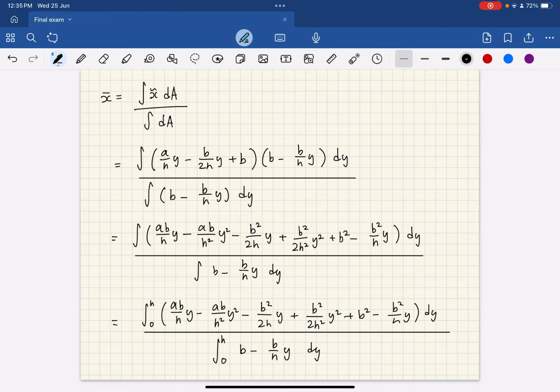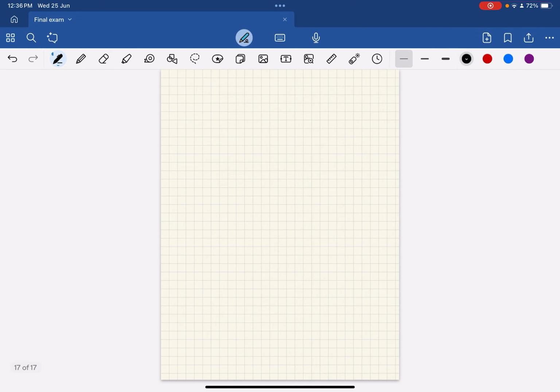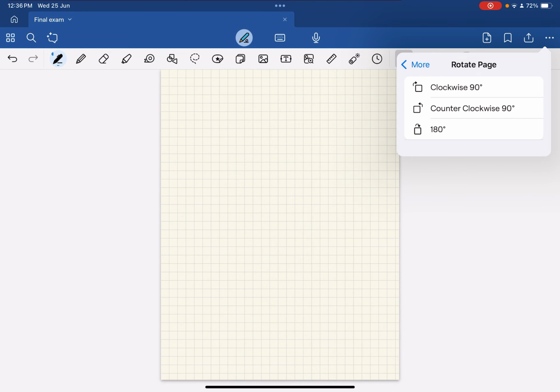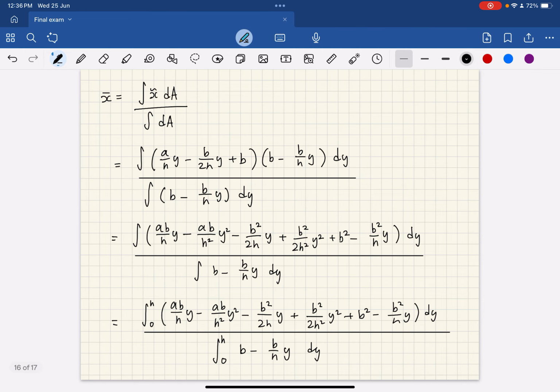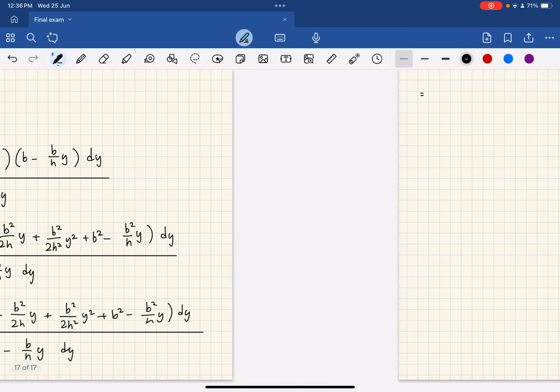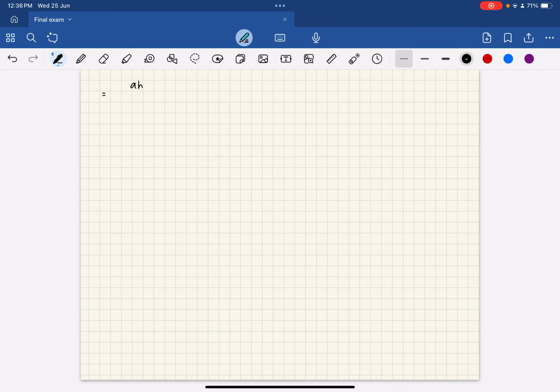Okay, so we proceed to the next page. Rotate it. Okay, cool. So as we try to solve this problem, for 0, if you were to integrate it, it'll always be 0, so it shouldn't be an issue, right? So you only have to plug in h anyway.